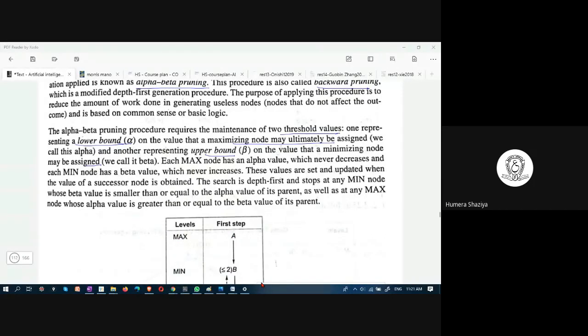In a level you have some max nodes and some min nodes. For max nodes, the lowest value is the lower bound, alpha. For min nodes, the maximum value is the upper bound, beta. These two values are assigned.